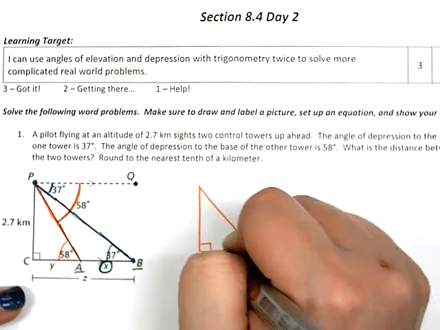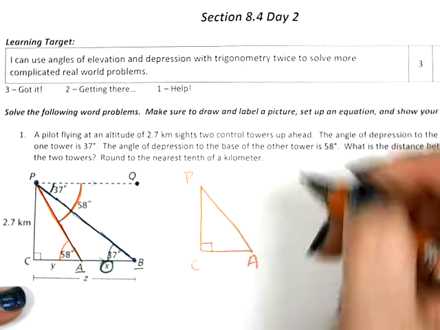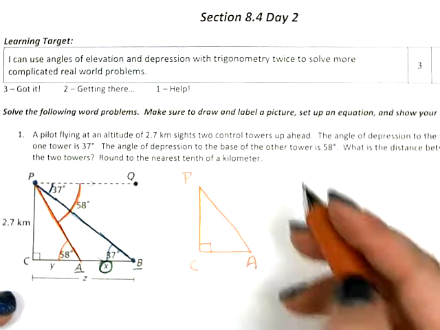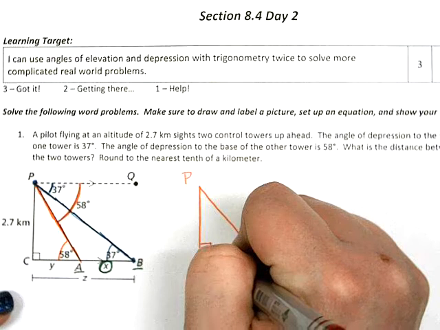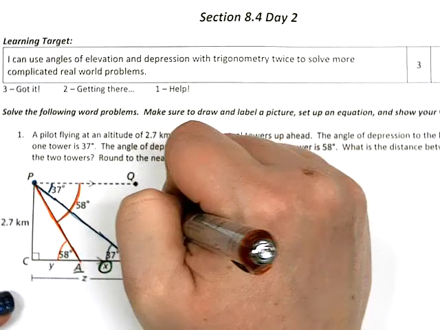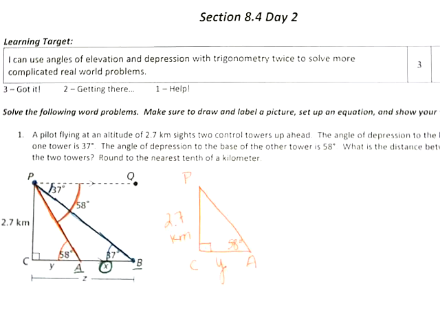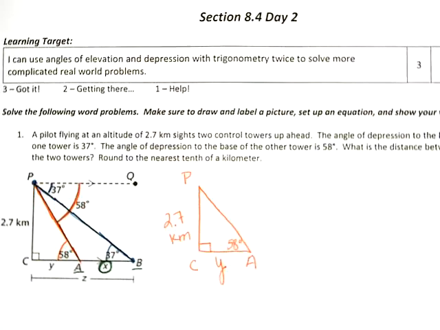So here's the first one. Here's my A, C, there's the plane up there. So this is to get to tower A. That distance is y. And I've got a 58 degree angle. And I know that the height here is 2.7 kilometers. So that's the first triangle that I see in there.